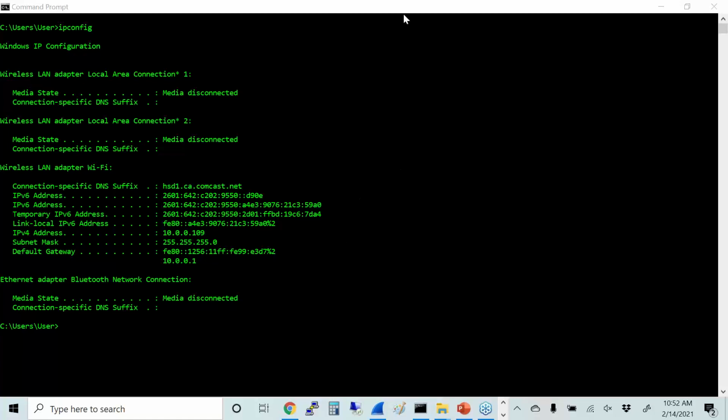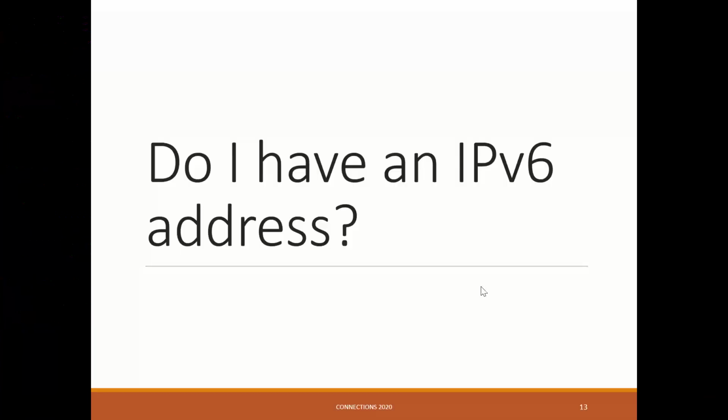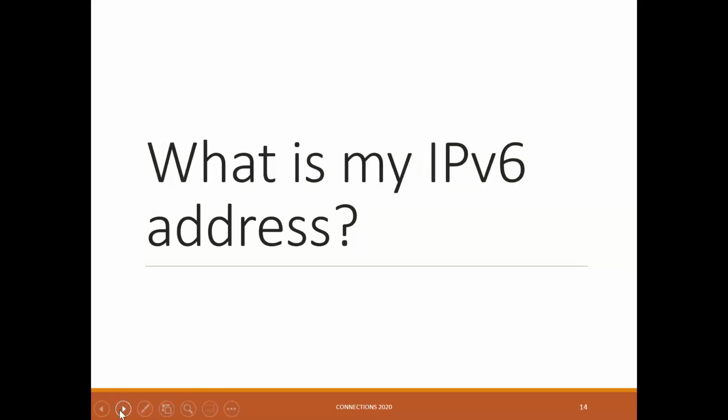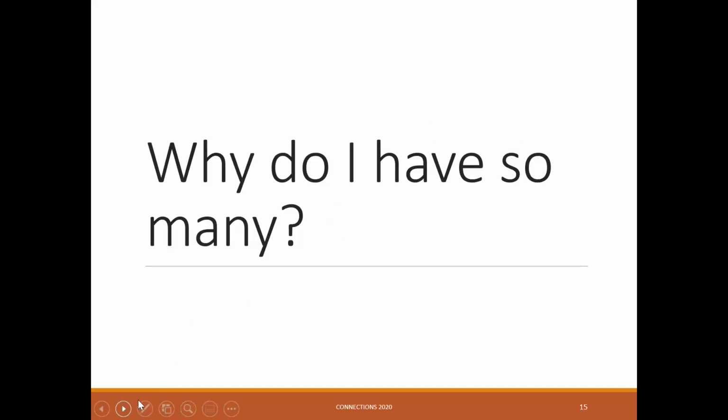Great. Thank you. And so now let's see if we can do some things. I'm going to flip back real quickly to the presentation and see if we've covered some of the things that we wanted to. What we've been talking about is, do I have an address at all? And if so, how can we find out? And why do I have so many?